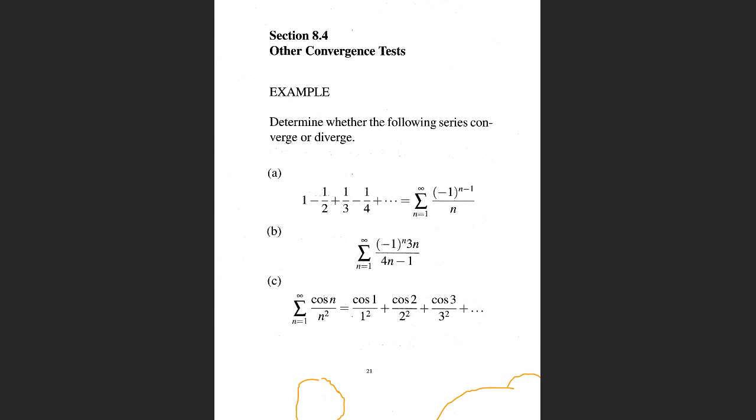So what kind of series is B, because of that (-1) to the nth power in there? An alternating series. That's right, Columbus. An alternating series.